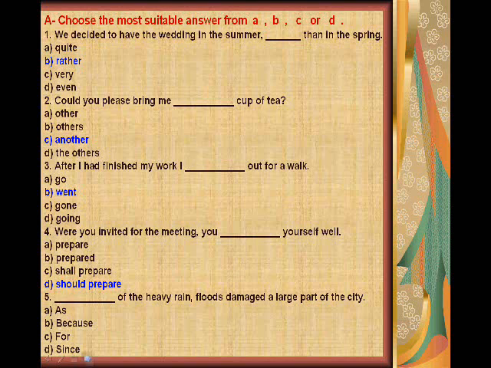Can I say as of? Can I say since of? Can I say for of? Of course, I can't say any of these. If I say as of, this doesn't make any sense. So, very good, the answer here is because, since you know that because can have of. Because of the heavy rain, floods damaged a large part of the city.